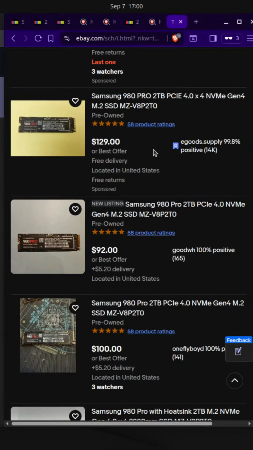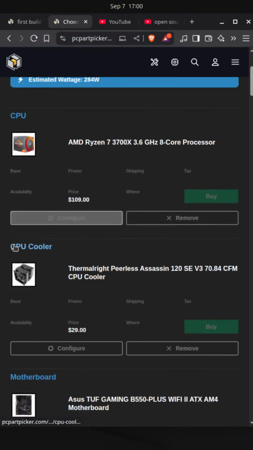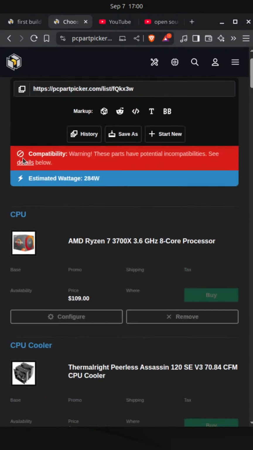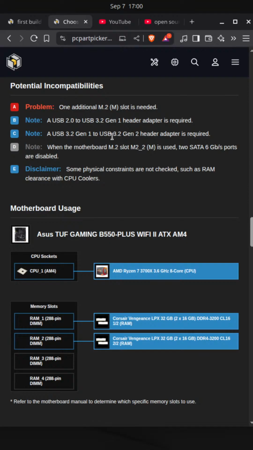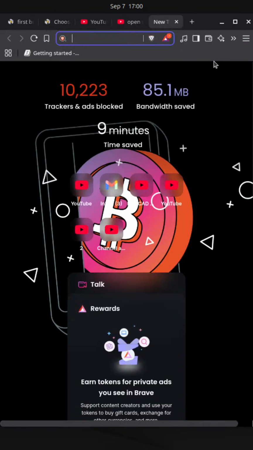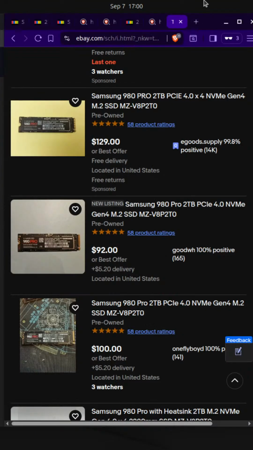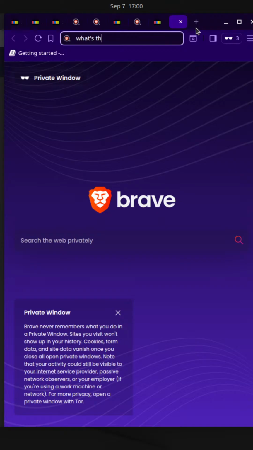I'm doing some shopping here. Additional M2 slots needed. PCIe 5 is a thing. Ooh, now I want to know. What's the difference between PCIe 4 and PCIe 5?